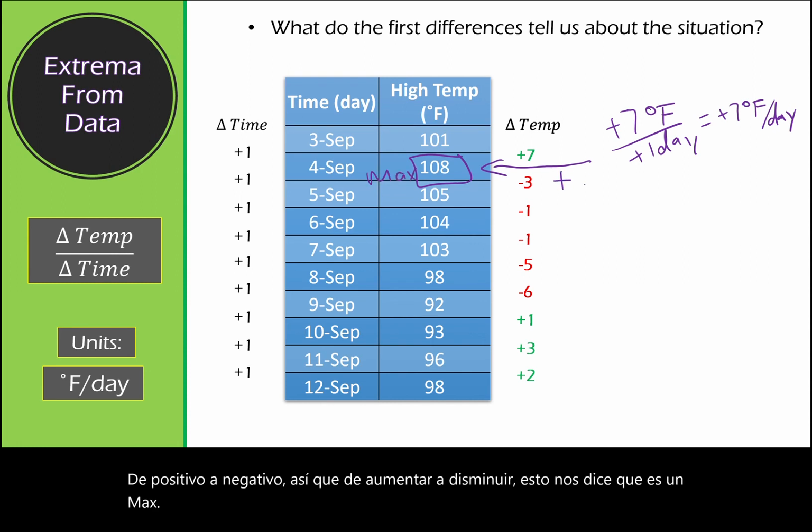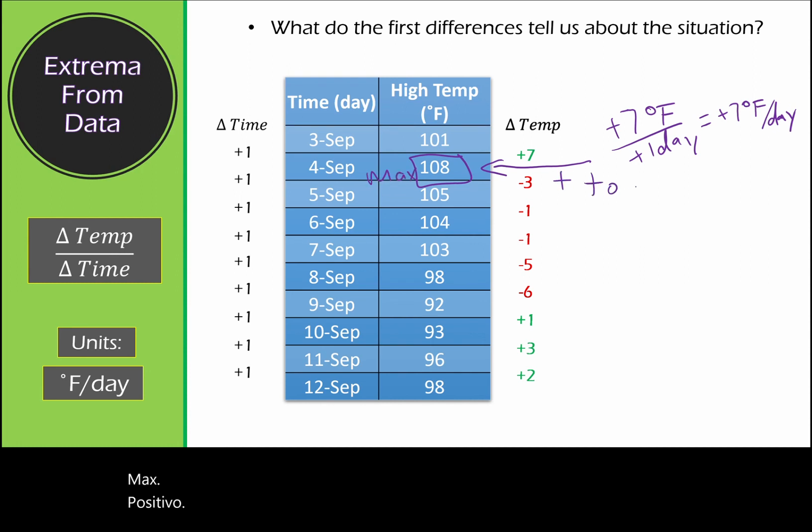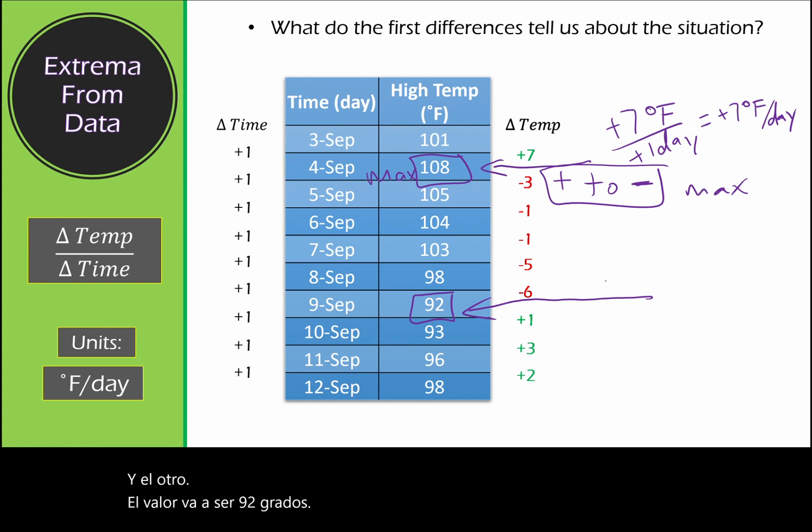Right? Positive to negative is a max. And our other value is going to be 92 degrees, because we can see it goes from negative to positive, right? Decreasing to increasing, which means this is a minimum.